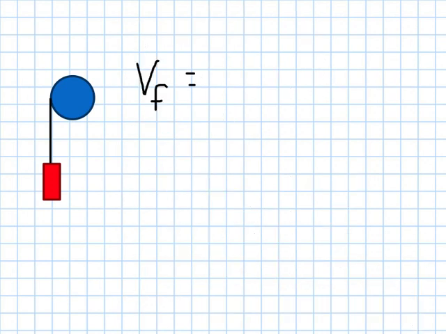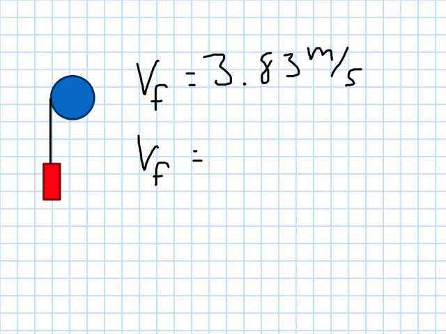So I calculate that the final speed of this hanging mass after it's fallen 2 meters should be 3.83 meters per second. With 2 sig figs, we should probably round this off to 3.8 meters per second.